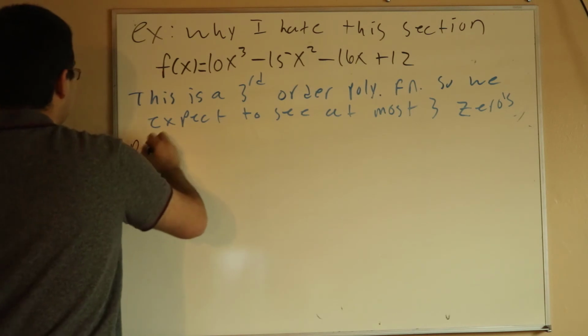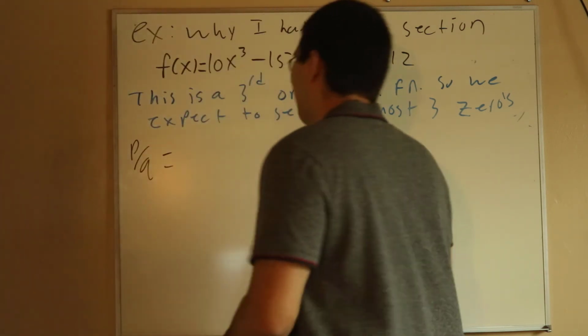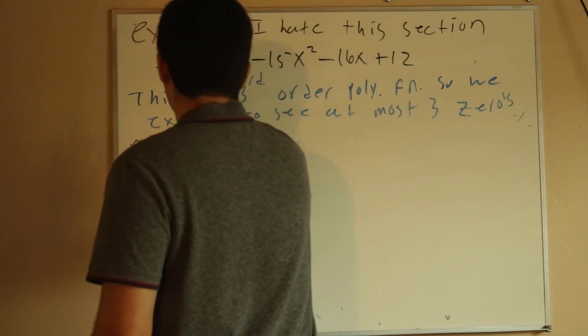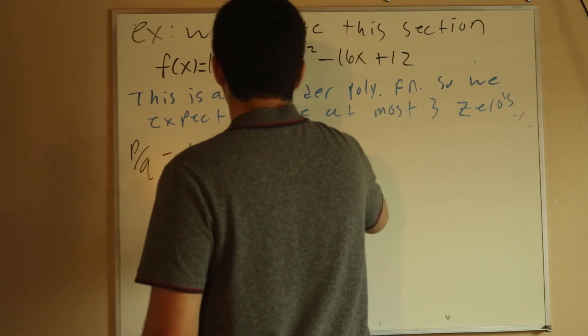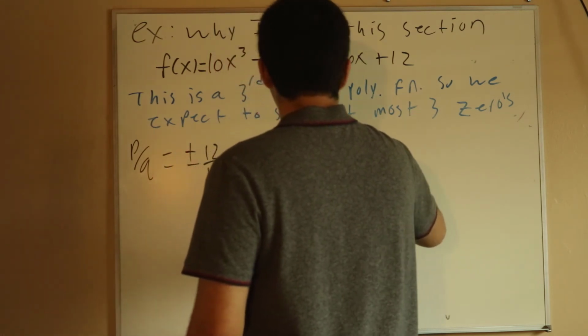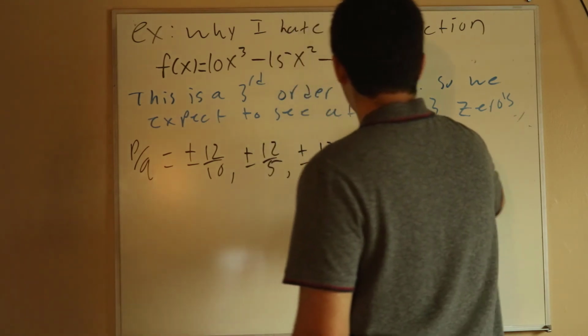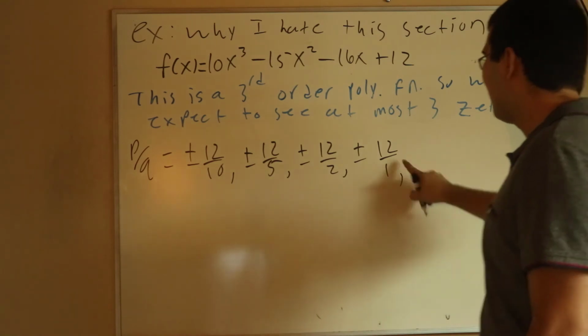All right. I need to do all the p's over q's now. Sure, let's go ahead and do it. So that means I'm going to have plus minus 12 over 10, plus minus 12 over 5, plus minus 12 over 2, plus minus 12 over 1.